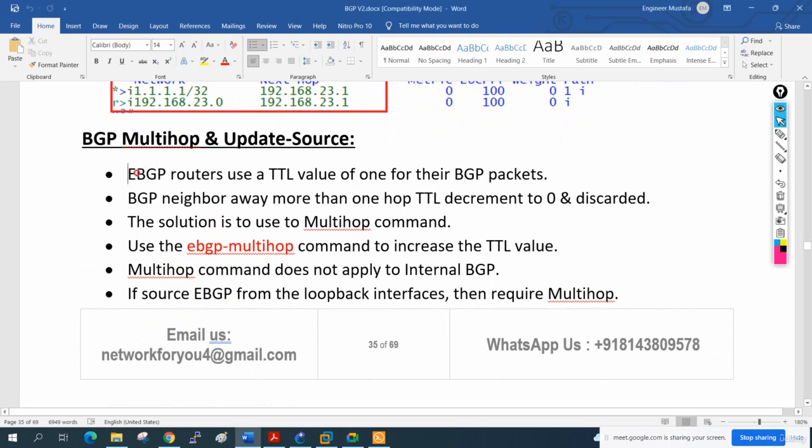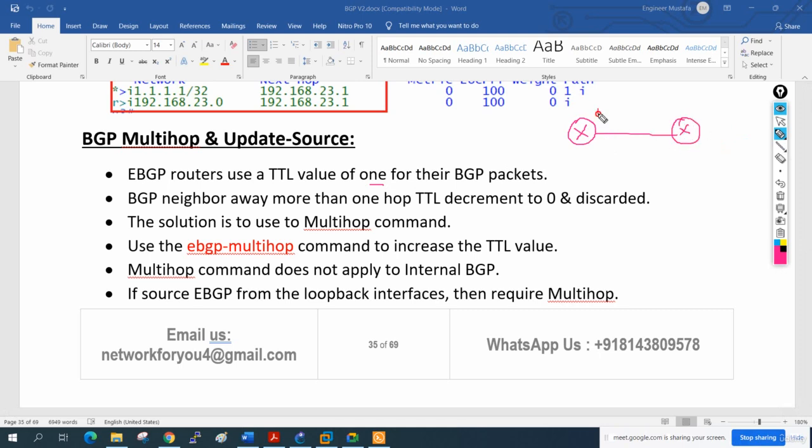If you remember, whenever we are configuring eBGP, the router is using the TTL value 1. In the starting we told you and also verified that whenever we configure eBGP, the router takes TTL value as 1. Here I have one router, and another router here.